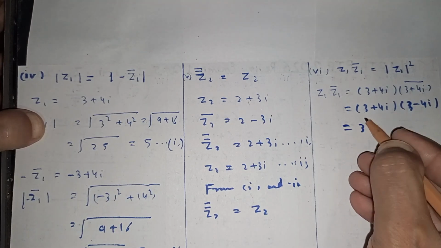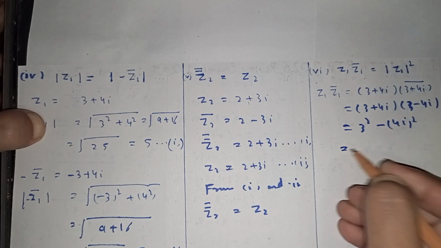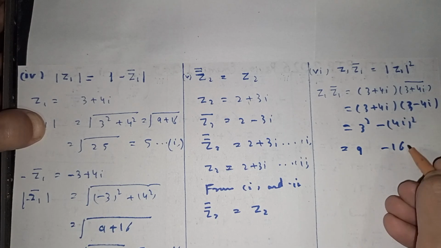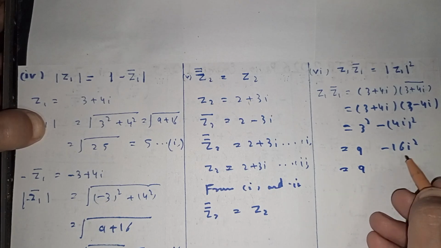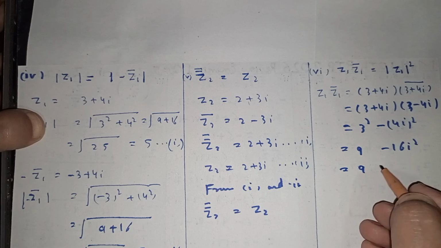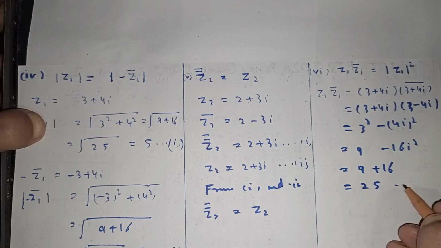Multiply them, 3 square minus 4 iota whole square, which will become equal to 9 minus 16 iota square. Then 16 iota square is equal to minus 16, and after multiplication with minus it will become 16, and then 9 plus 16 is equal to 25. Equation 1.